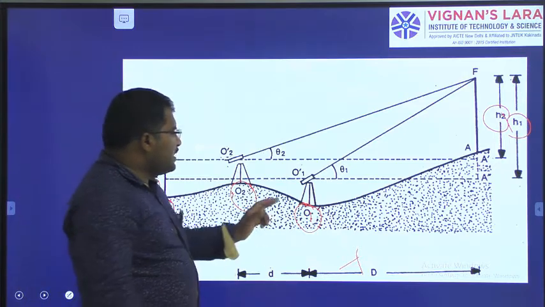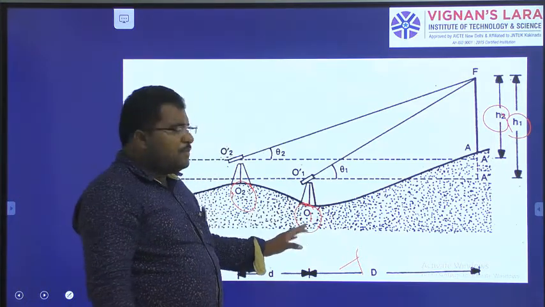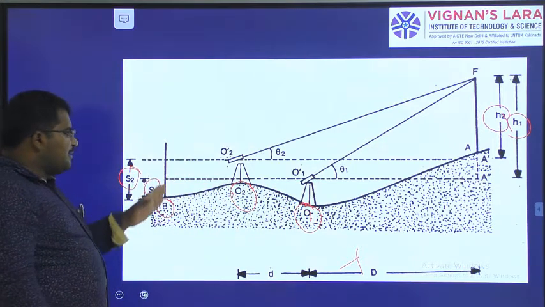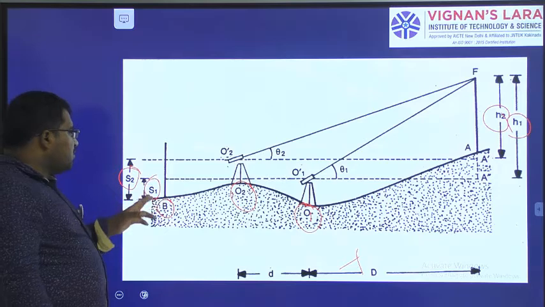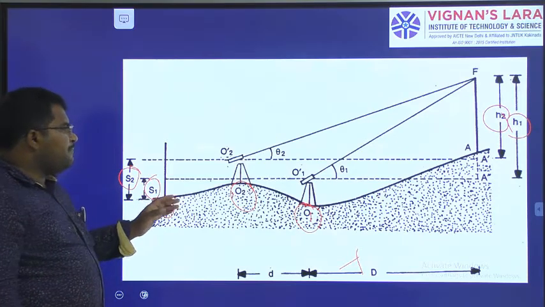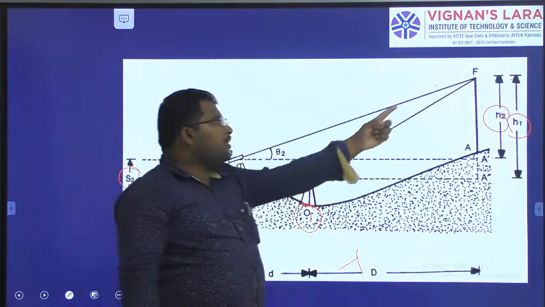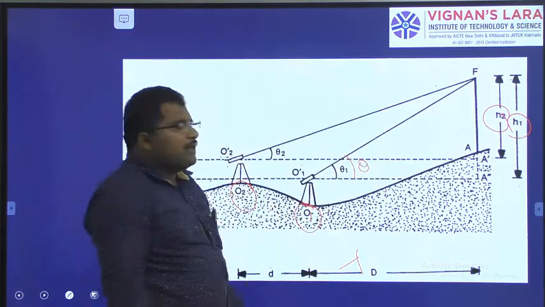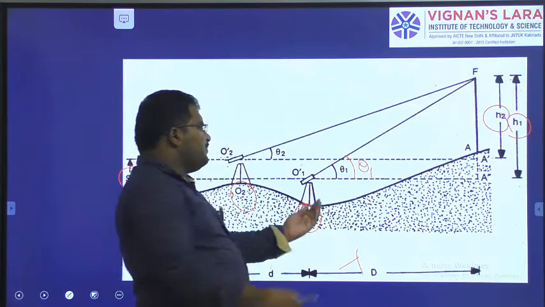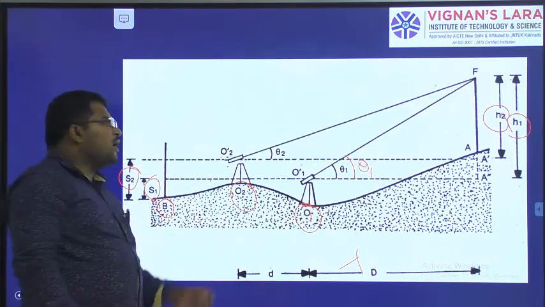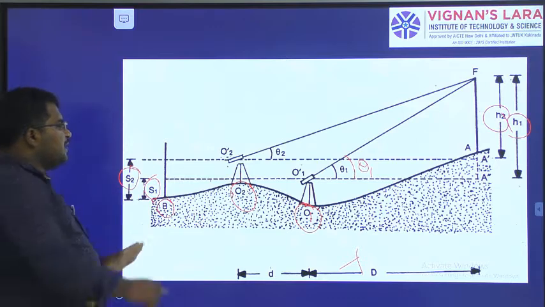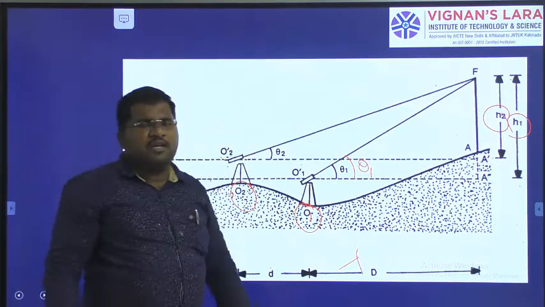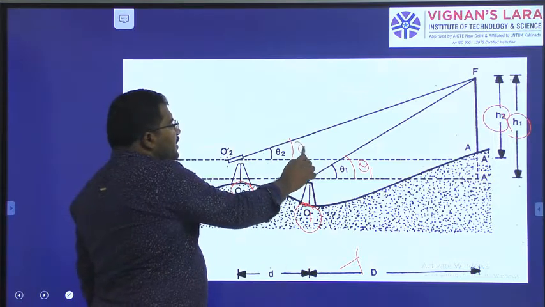So we set up the instrument firstly at O1 and sighted the leveling staff near the benchmark, getting a value of S1. Now we sighted the point P and noted down the angle theta 1. Then we shifted the instrument to O2 and again took the reading on the benchmark, and we got S2. Then if you sight towards F, we get an angle theta 2.